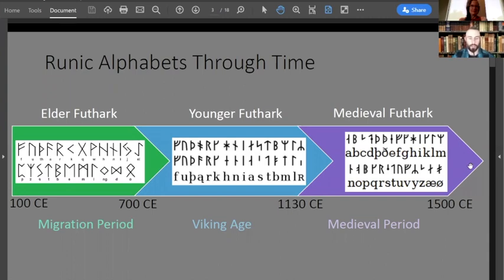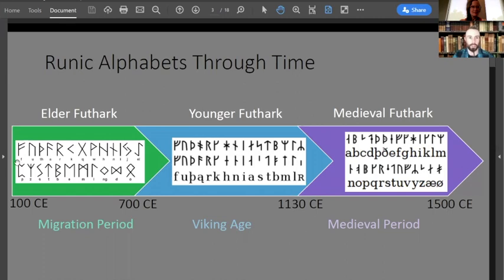The oldest alphabet is the Elder Futhark, and this may actually be based on the Roman alphabet, and we think this because there was a large amount of cultural contact between the Roman Empire and the Germanic peoples to the north, right around the time when runes begin appearing in the archaeological record. And the other reason is because many of the rune forms very strongly resemble the Latin letters, which represent the same sounds.